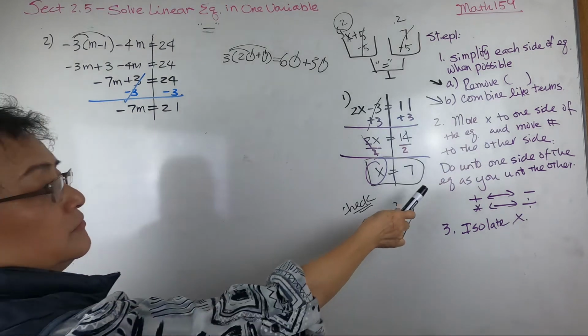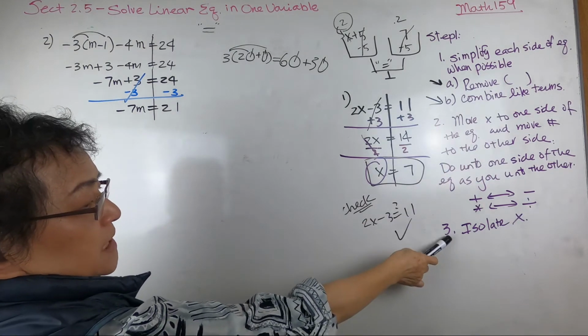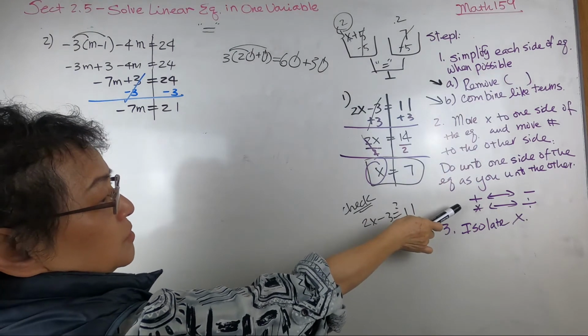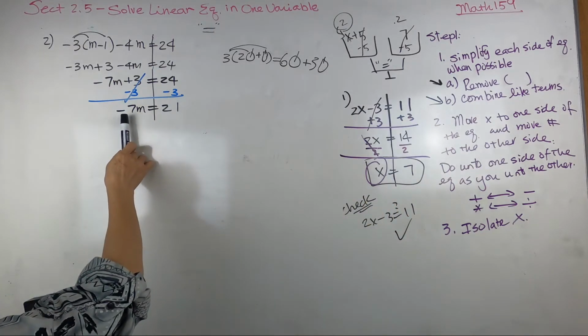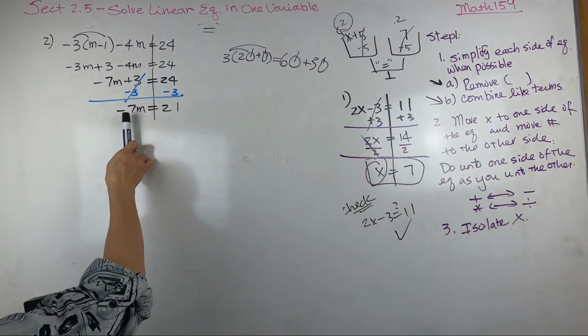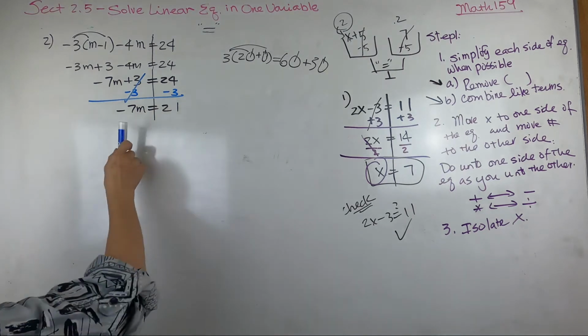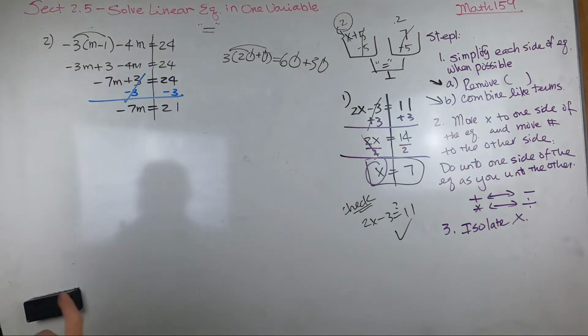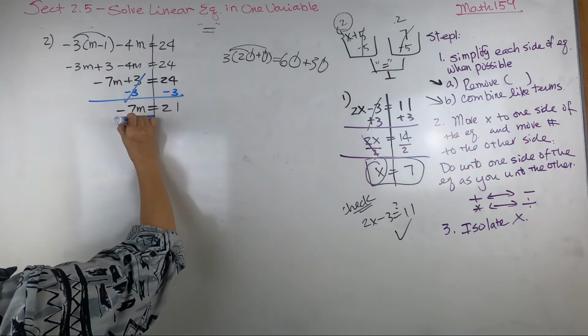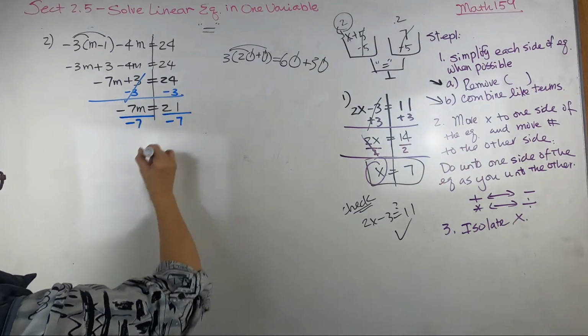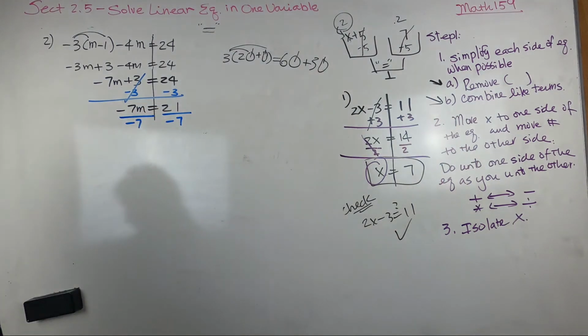Then to get the variable by itself, to isolate m, you need to do the opposite to get rid of negative 7. Because it's a multiplication between negative 7 and m, you do the opposite, right? By dividing. So you need to know how to handle your fractions as well.